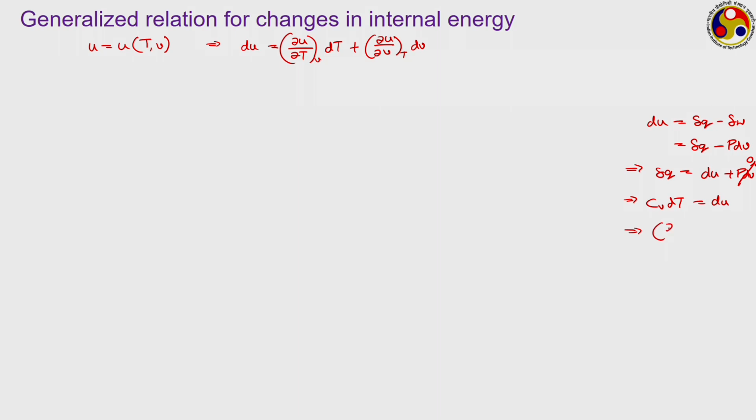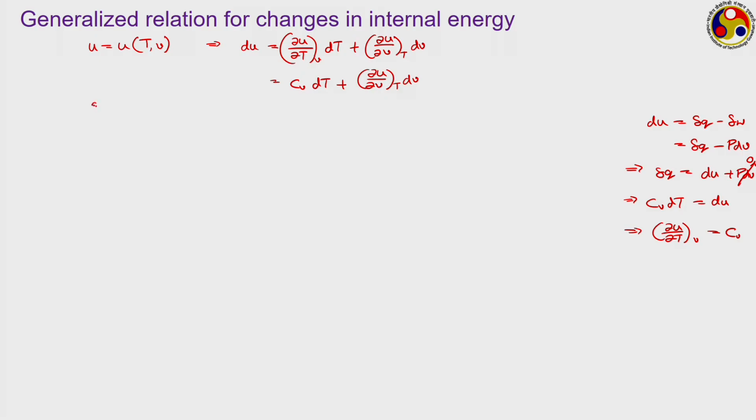That means ∂U/∂T at constant volume is Cv, the specific heat at constant volume. So, du is equal to Cv dT plus (∂U/∂V) at T dV.